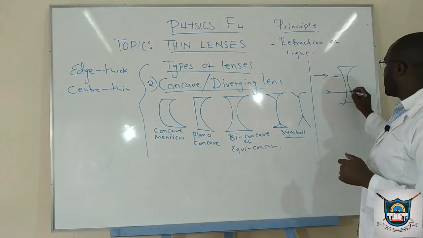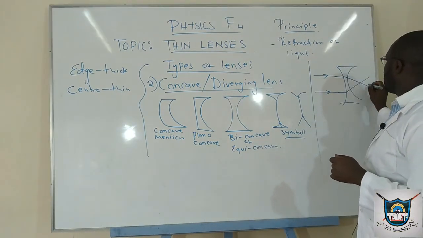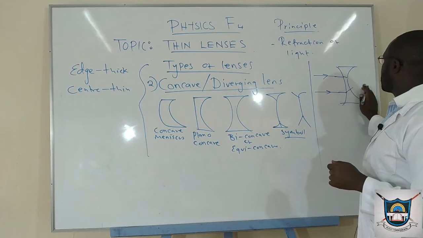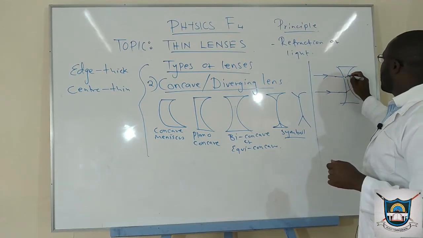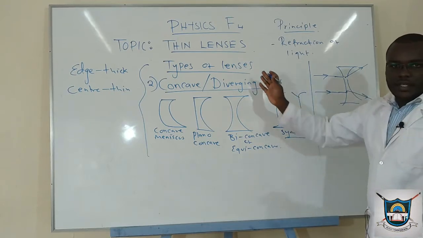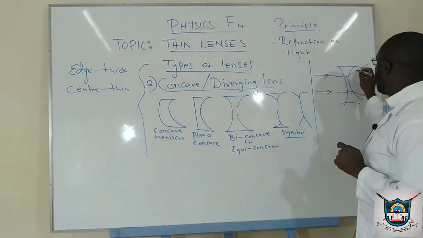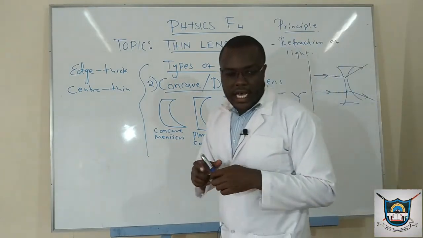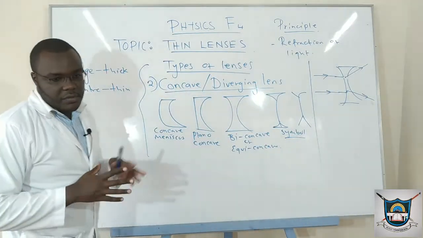Once they hit here, they don't meet, this is converging, they should diverge outside, spreading out. So this is where they get their name from, because that lens is able to spread out.